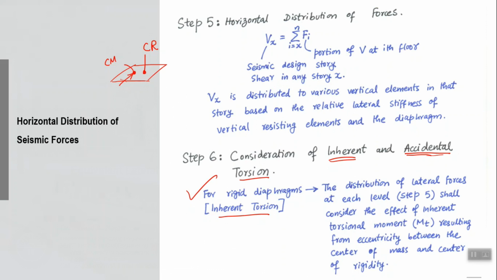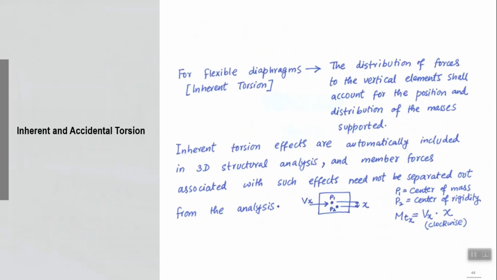It actually distributes between different vertical elements at that story: columns, shear walls and other elements. So, for flexible diaphragms, inherent torsion is accounted for by distribution of forces to the vertical elements, and the location of those vertical elements will be their real location.